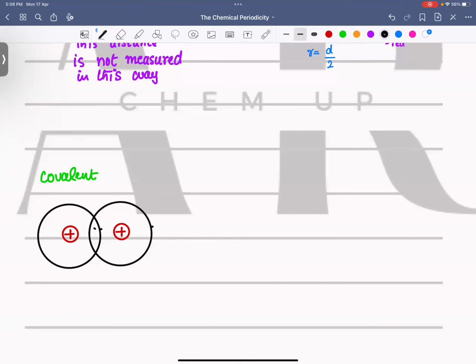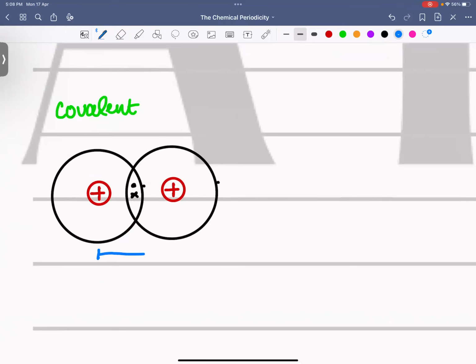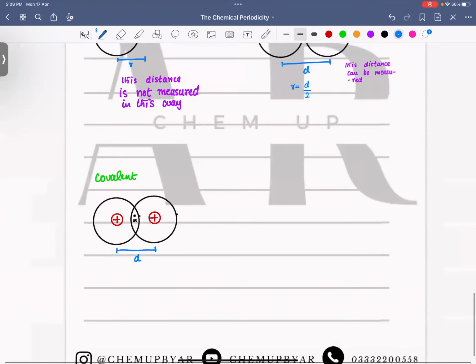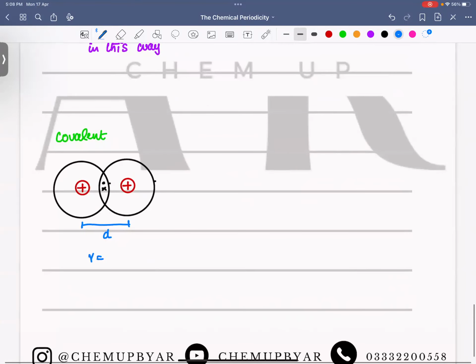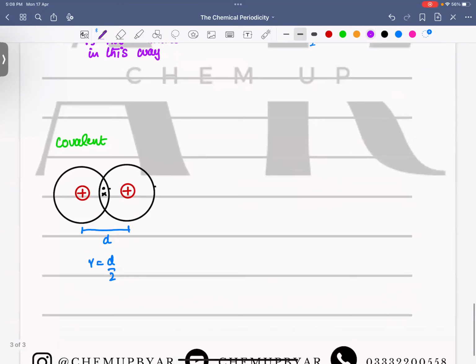And due to this overlapping, I can record this distance, and from this distance I can record the radius, but the value is smaller than the actual due to overlapping. Is this point understandable to everyone?